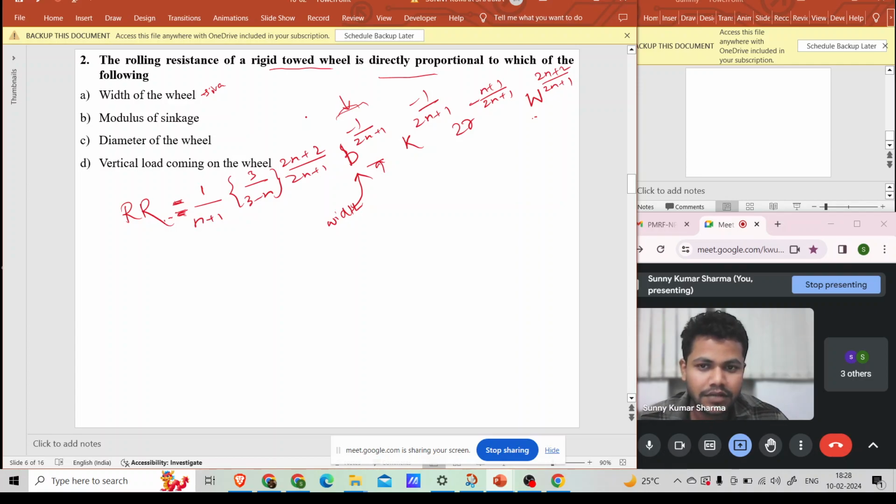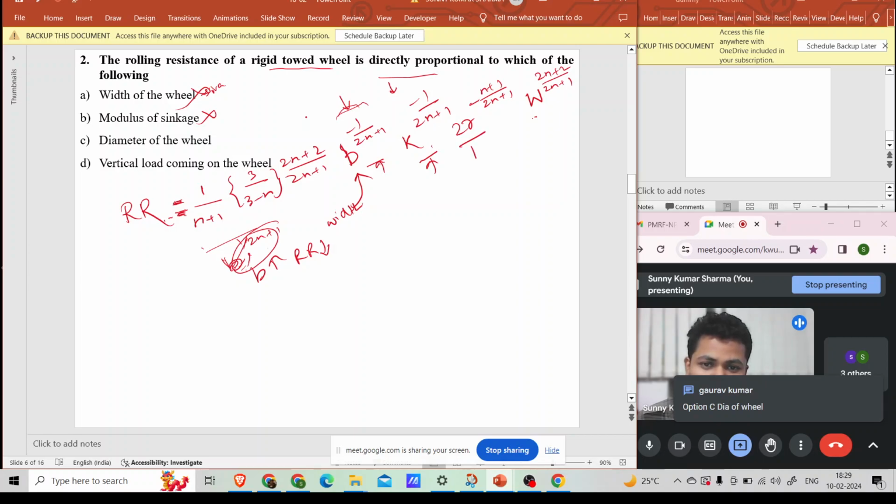It will go down in this equation, B to the power minus 1 by 2n plus 1. So it is not directly proportional. If we increase b, then rolling resistance will decrease because its power is negative. Do you think it is directly proportional? It is also not directly proportional. Width is also not directly proportional.